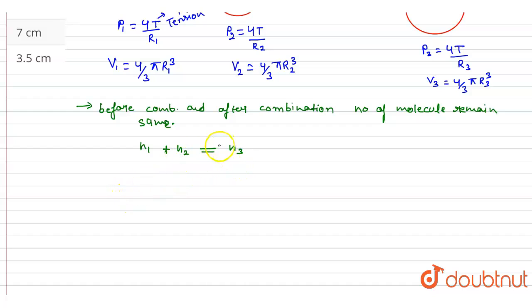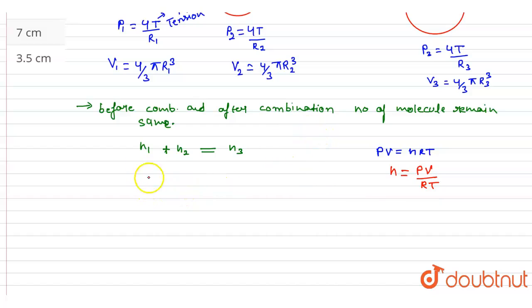So we have the ideal gas equation, PV is equal to nRT. From here we can write n is equal to PV by RT. In this question, temperature is constant.